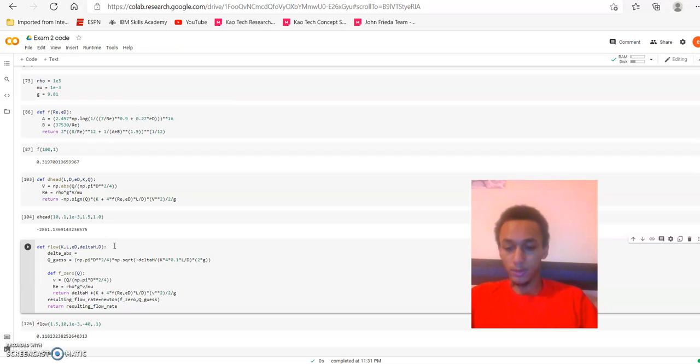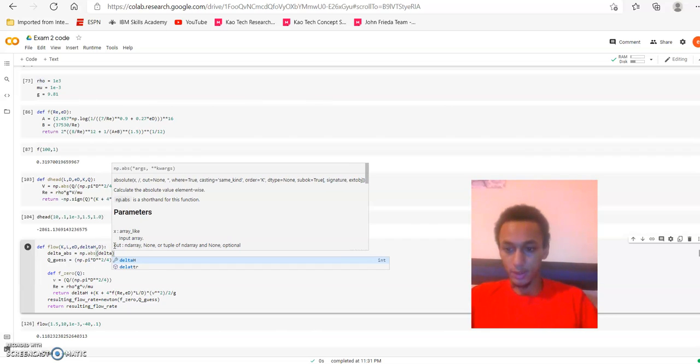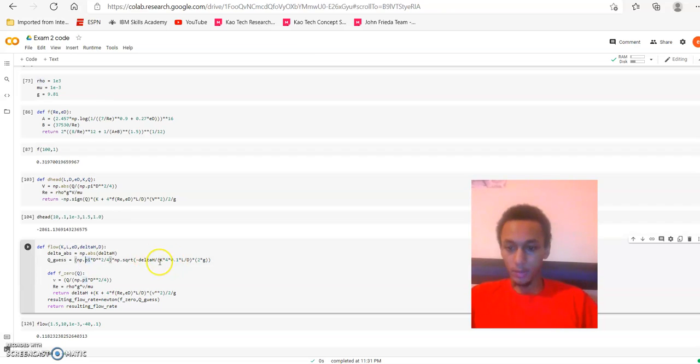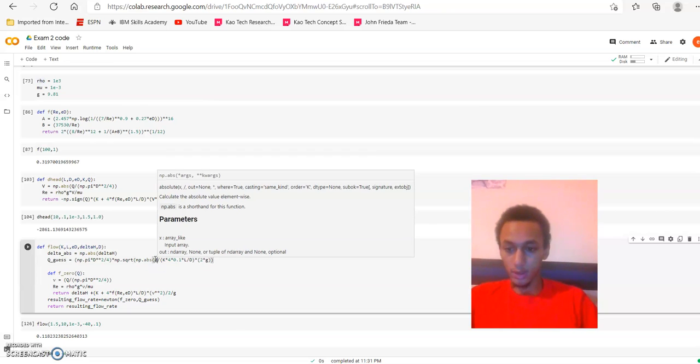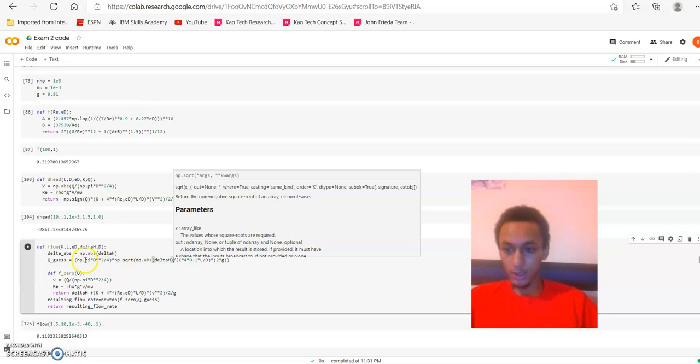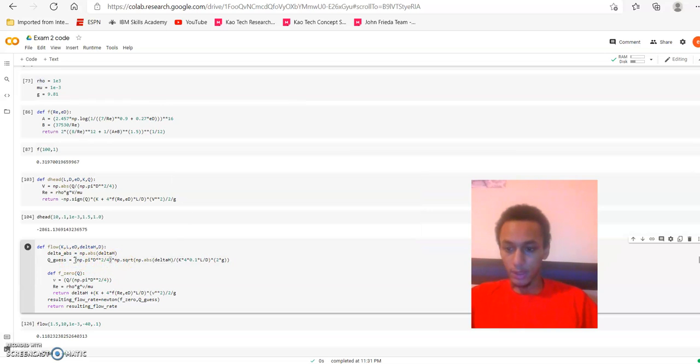So it's equal to, so delta head, so mp.abs of delta H. And we're going to have to implement that here. So mp.abs delta H. But to account for that, we're going to have some signage change either here or below.